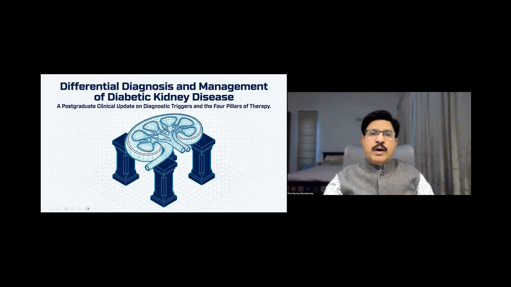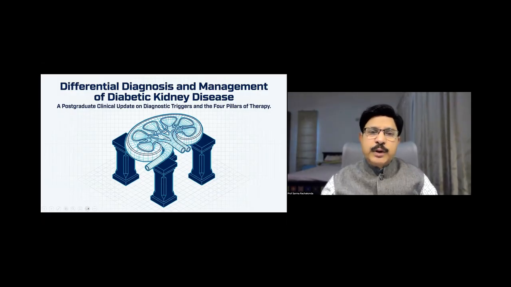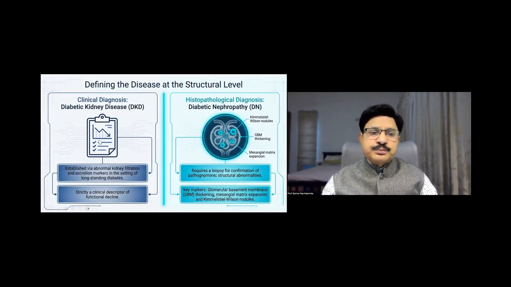Okay, now differential diagnosis and management of diabetic kidney disease, a clinical upgrade on diagnostic triggers and the 4 pillars of therapy. Here in the management, you have got 4 pillars of therapy. Now, kidney disease diagnosis: diabetic kidney disease, histopathologically diabetic nephropathy. We already contrasted them.